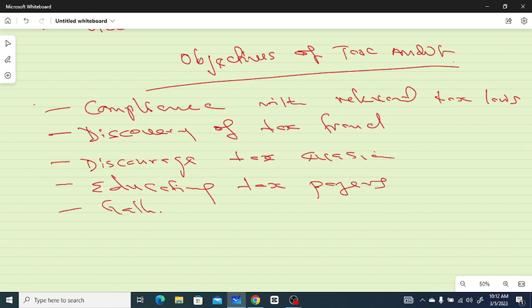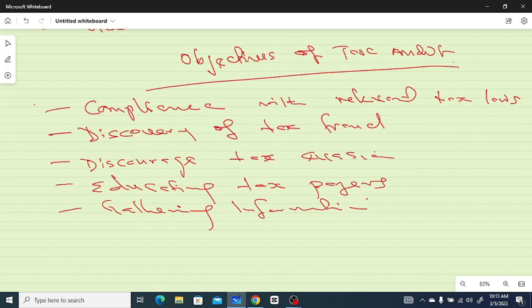Another objective of carrying out tax audit is to assist the tax authority in gathering other information concerning the taxpayer, because sometimes the tax authority may not be able to obtain all the necessary information from the taxpayer until they conduct tax audits.